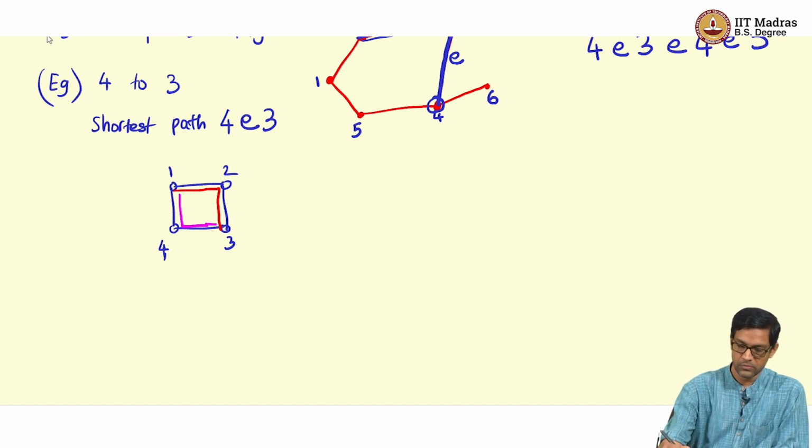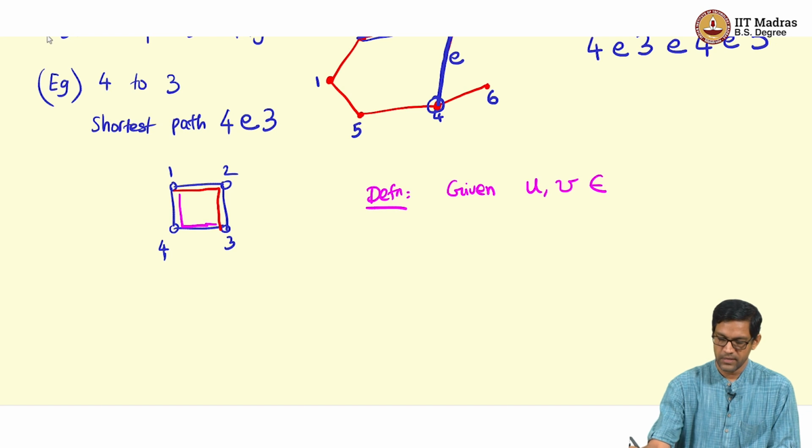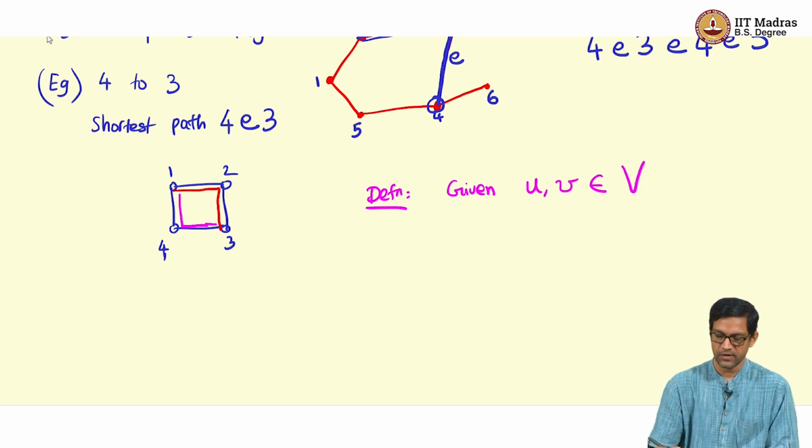Okay. Now, this particular quantity is a very useful and important thing which comes up a lot. So, let us first define that. Definition: given 2 vertices, u and v in the vertex set of a graph, we define the distance between them. This is called the distance between u and v, or d(u,v), as follows.